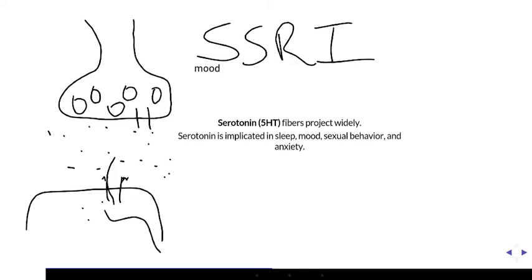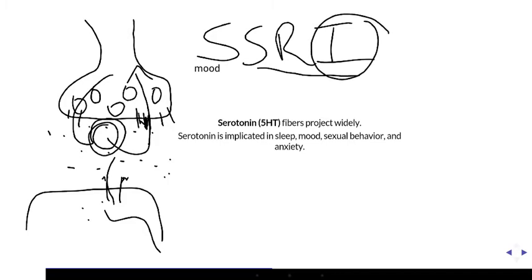And so what these do: we talked about transporters. One of those mechanisms where we get neurotransmitter out of the synapse is reuptake. Reuptake is accomplished by transporters that sit at the presynaptic membrane and allow the neurotransmitter back in.